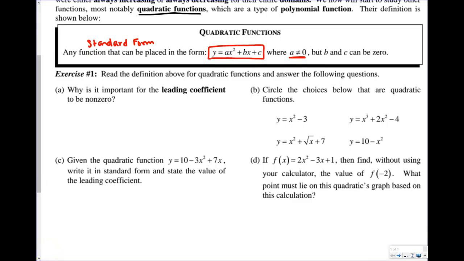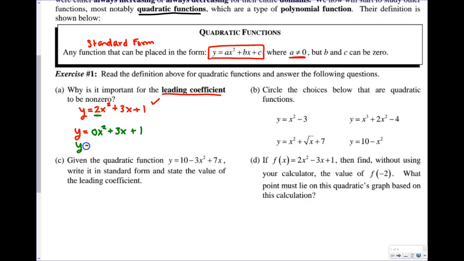So let's talk about why it's important for that leading coefficient to be not 0. Let's say I have y equals 2x squared plus 3x plus 1. This is correct. I can use this as standard form. But what happens if that leading coefficient, and remember the leading coefficient is this number right here, what if I change that 2 and make it 0x squared plus 3x plus 1?